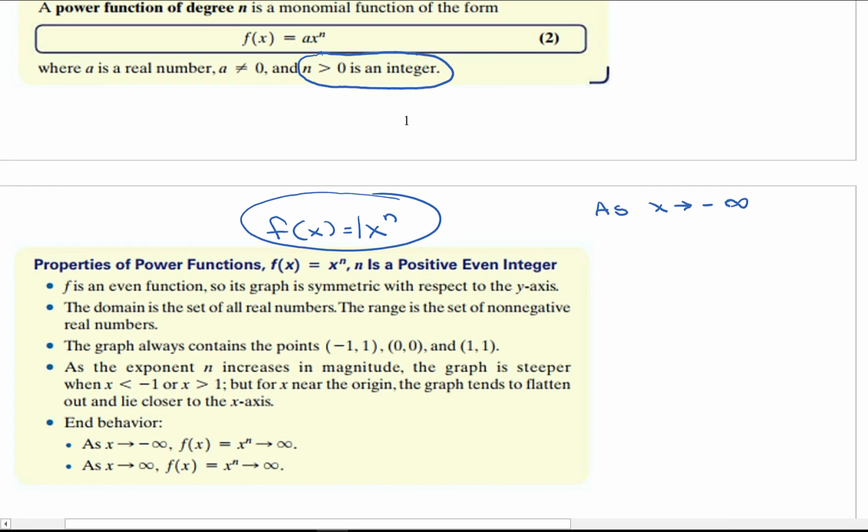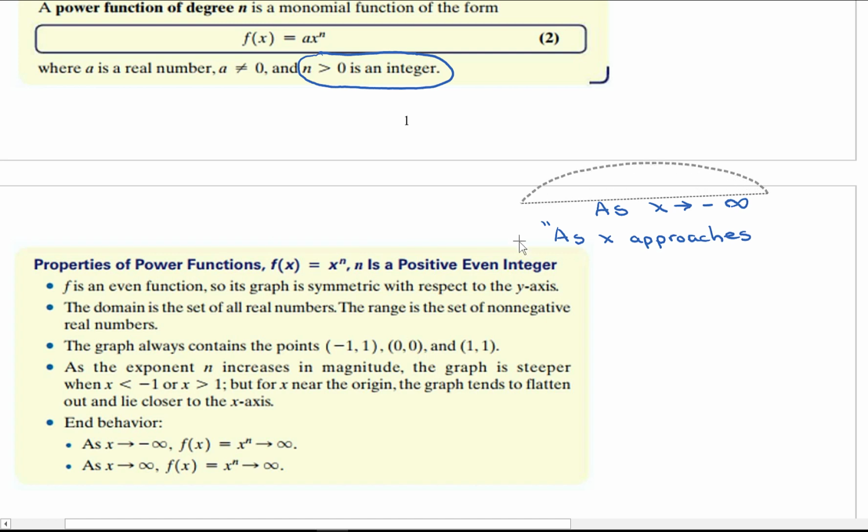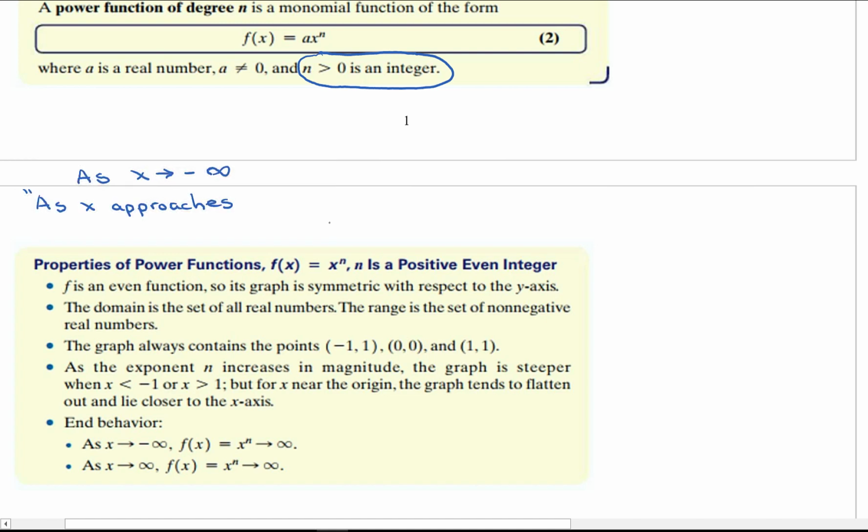So the way we would say this is: as x approaches -infinity.